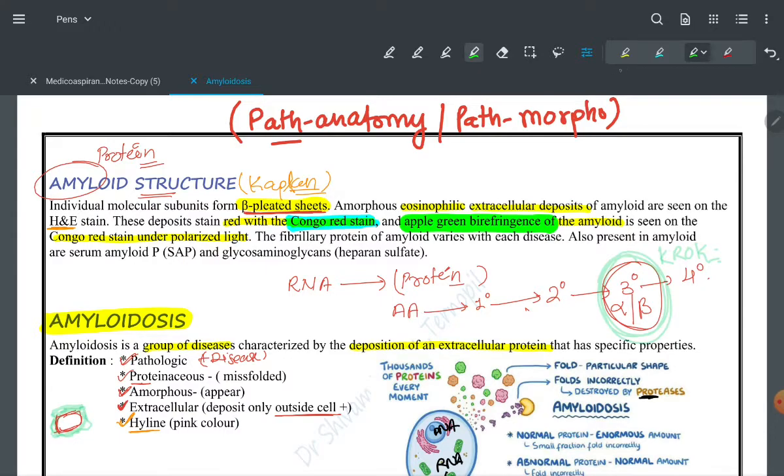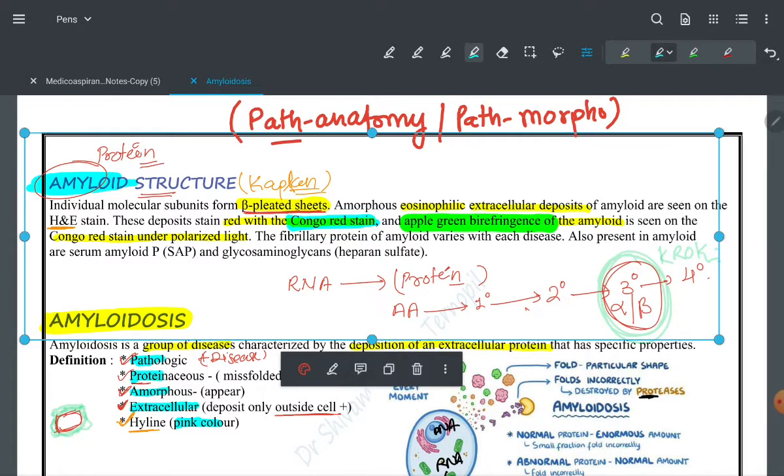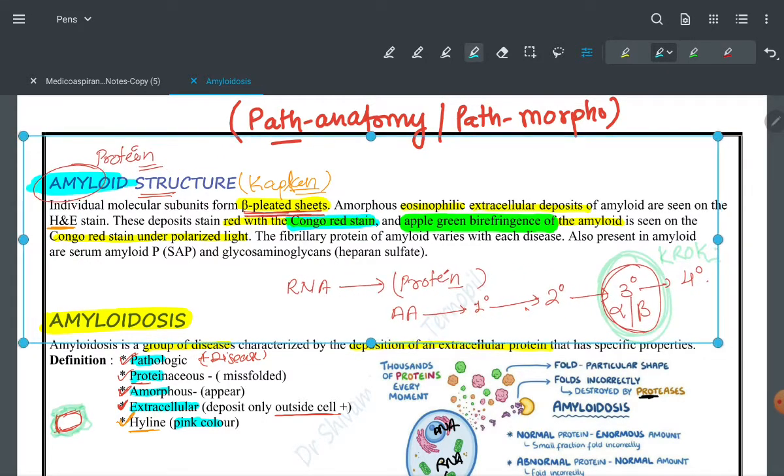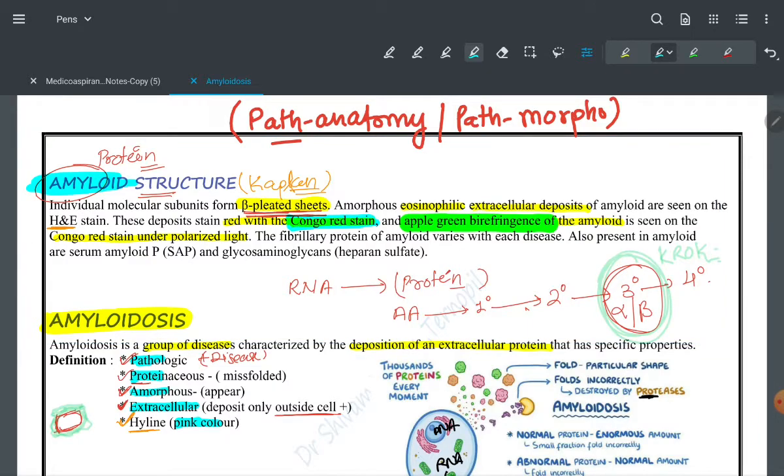The very first, what is amyloid? It is simply extracellular, pink colored, amorphous protein, only present in disease. Okay, next, how you can solve the question: whenever you see Congo red color, whenever you see the apple green birefringence, that is going to be the answer.